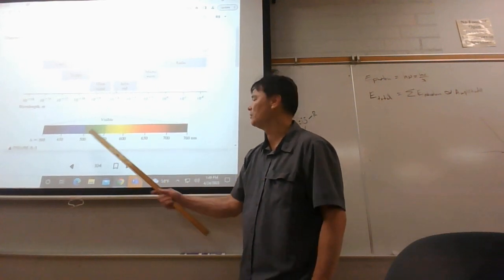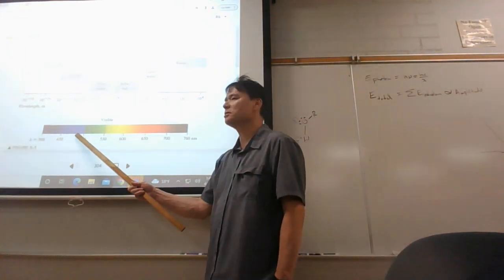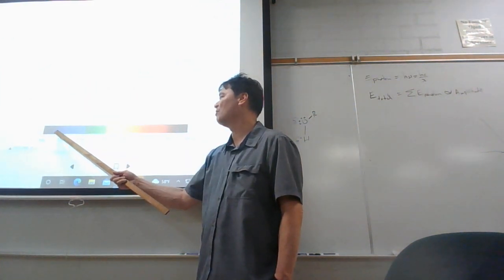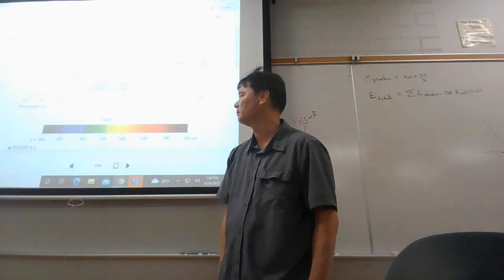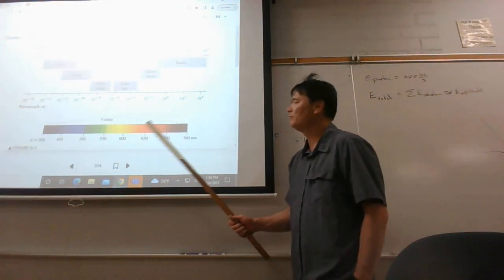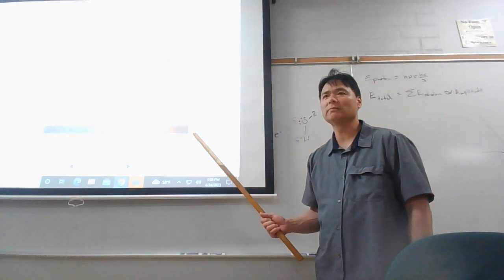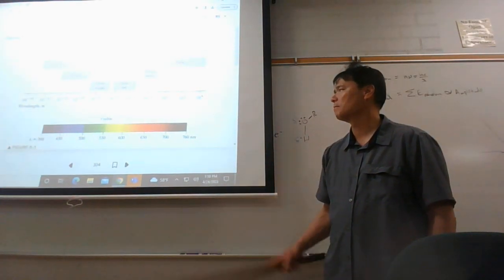And so if green photons were enough to ionize potassium, will blue photons do it? Yeah. Indigo, violet will do it as well. And so those will ionize it. How about infrared photons? Will infrared photons ionize potassium? No. Infrared doesn't have enough punch.